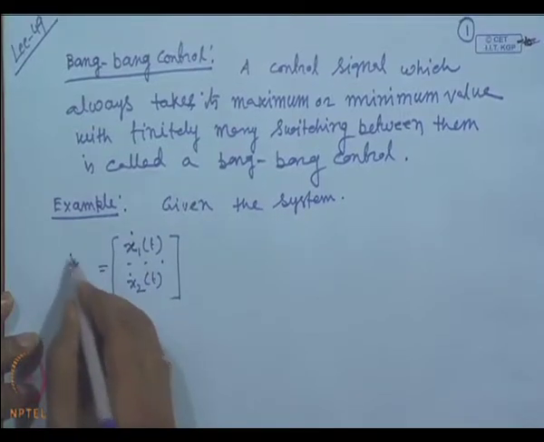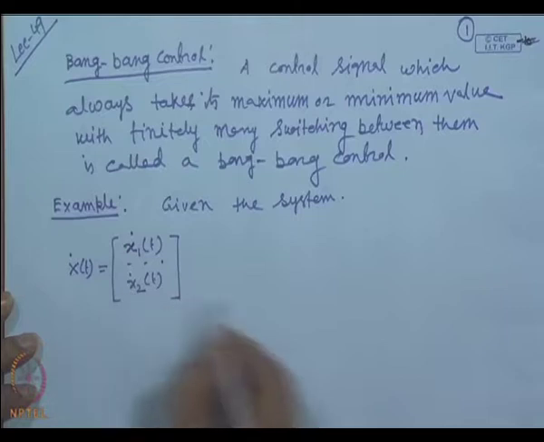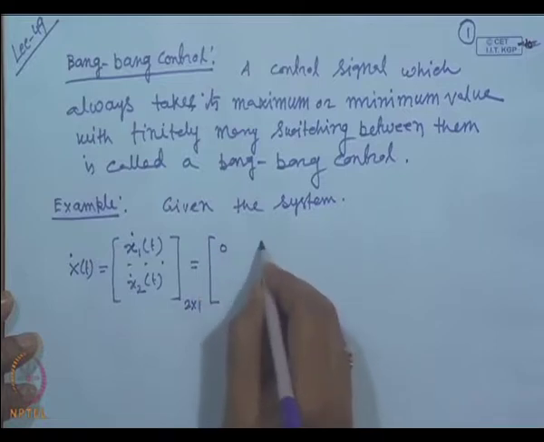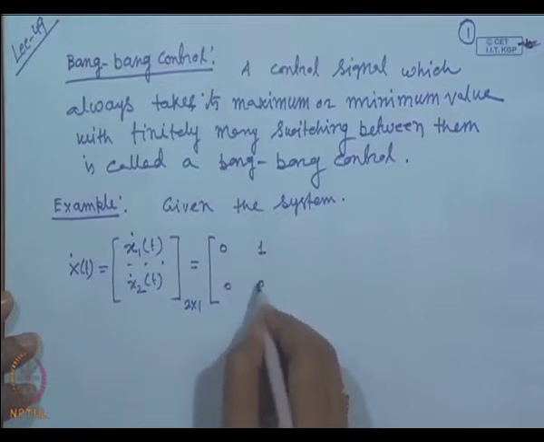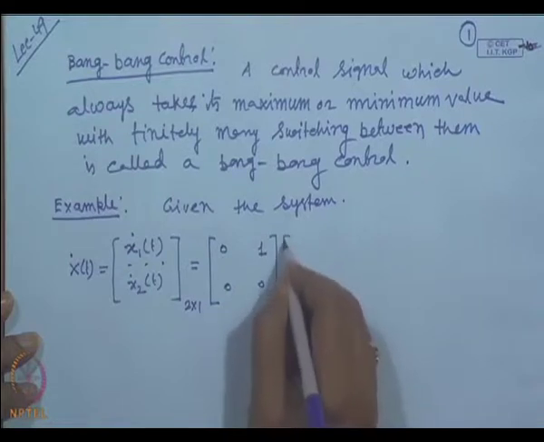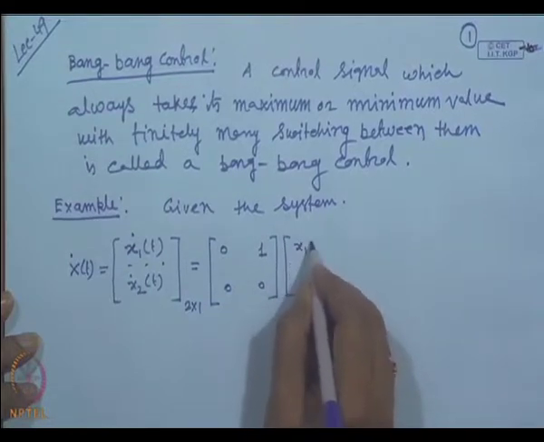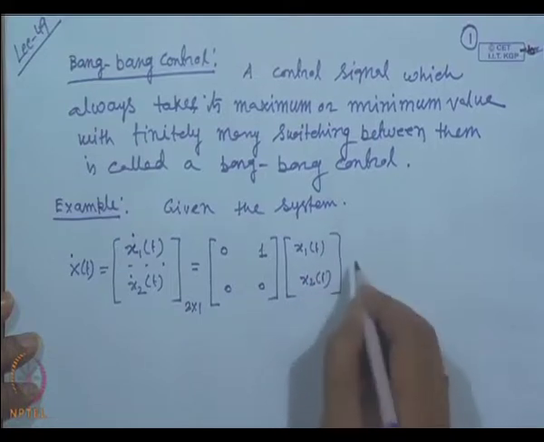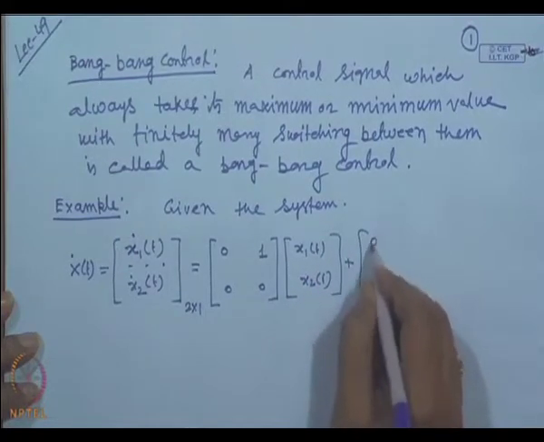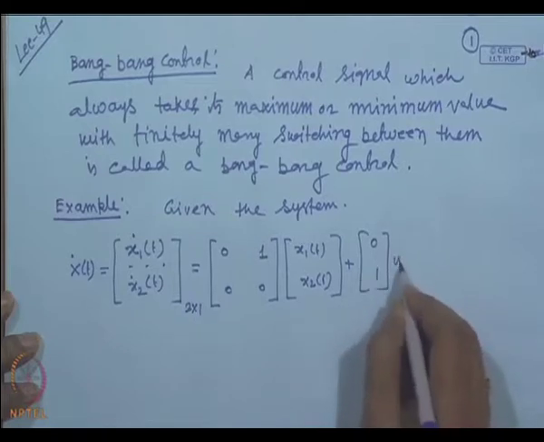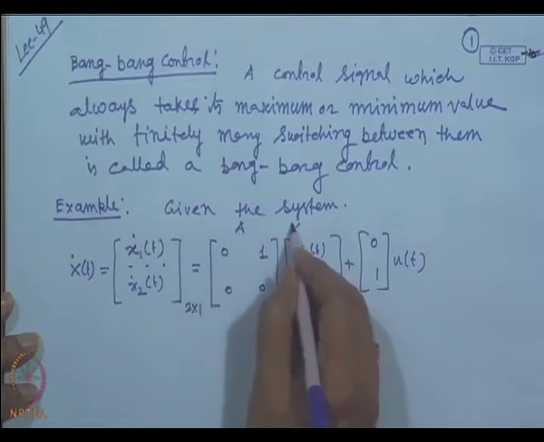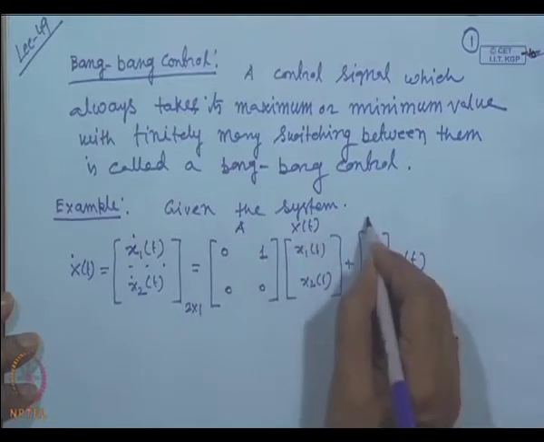In general we write x dot of t equal to the matrix 0 1 0 0 times x 1 of t, x 2 of t, plus 0 1 times u of t. So, this is the A matrix, this is the state vector, and this is the B matrix.